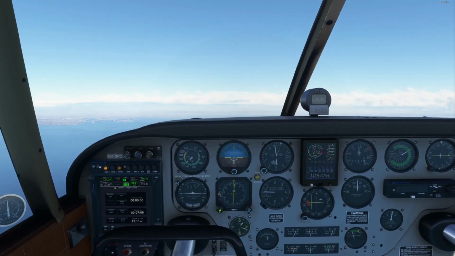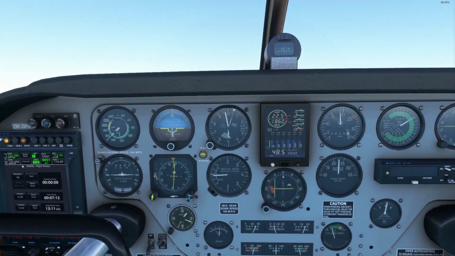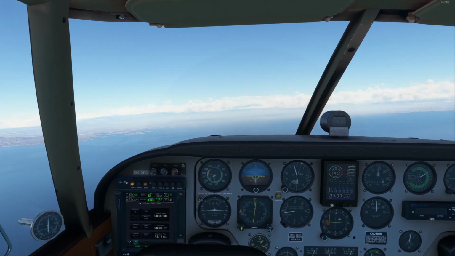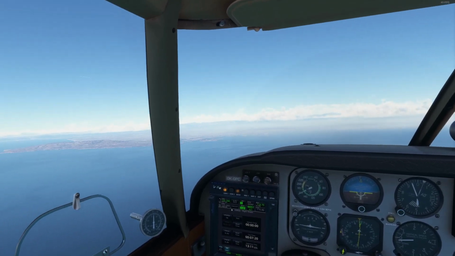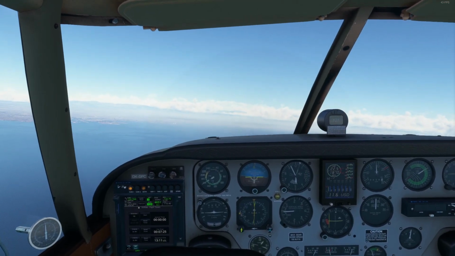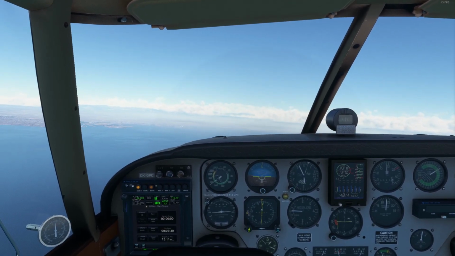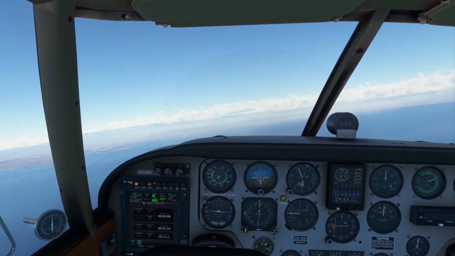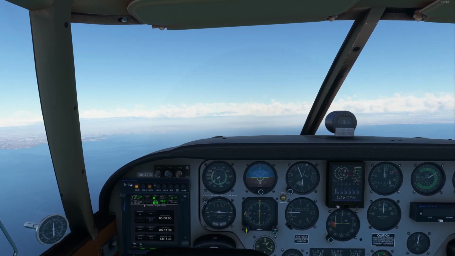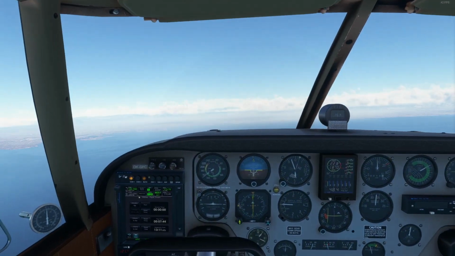Catalina traffic, Cardiac 36 Foxtrot, downwind, runway 22, 3,400, climbing 5,000, departing to the east, final call, Catalina. So DME distance 17.7.